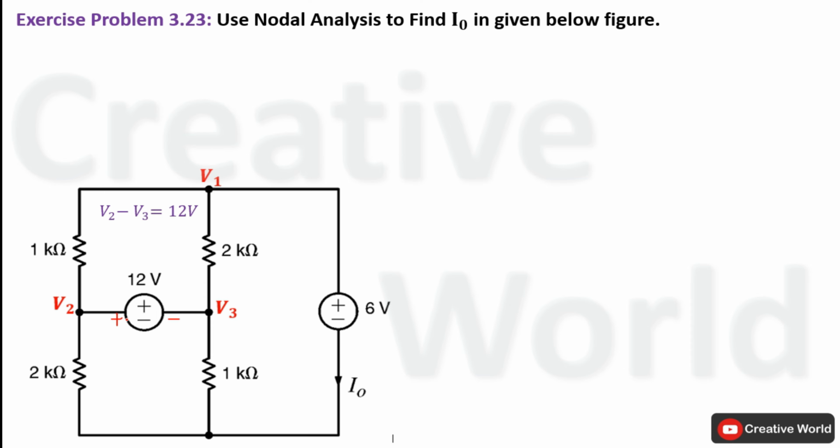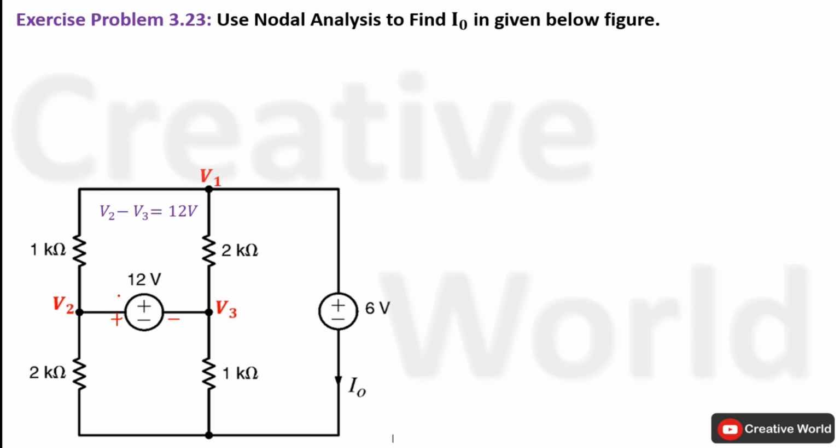In both cases, the answers will be the same, but these will have opposite sign conventions. For this case, the answer value might be positive, but in the other case, whenever we consider this terminal positive and this terminal negative, the answer value might be negative.